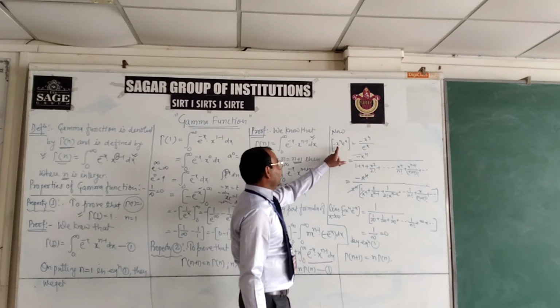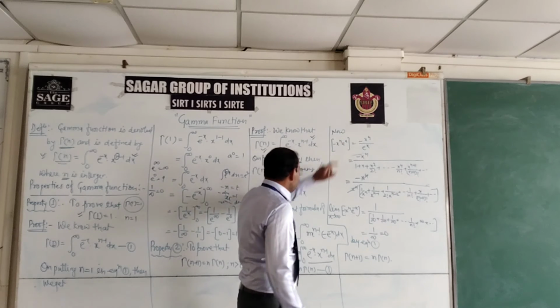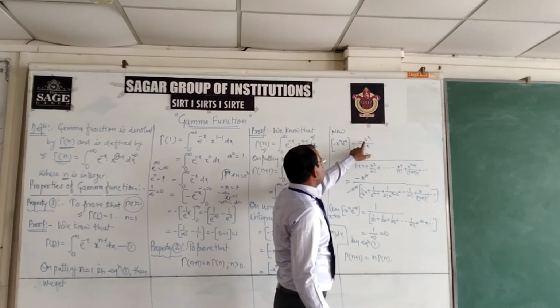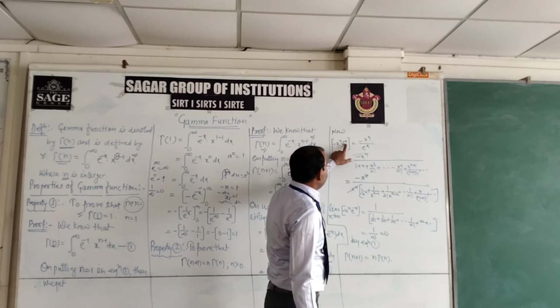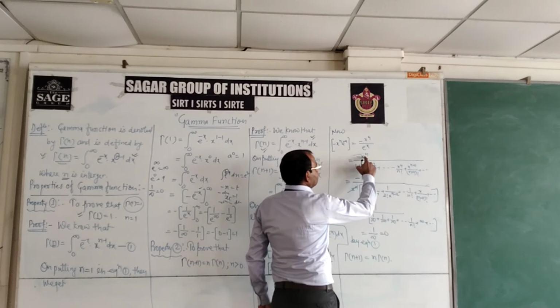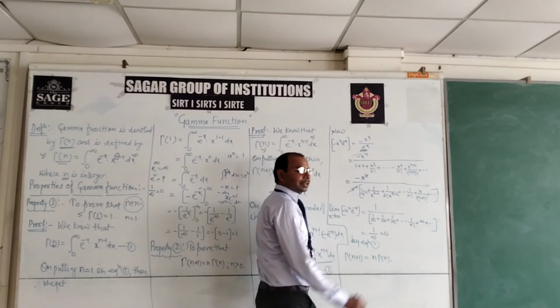Now first we take minus x to the power n e to the power minus x. This term can be changed into positive form, so 1 upon e to the power x, minus x to the power n, and the exponential of e to the power x is this.